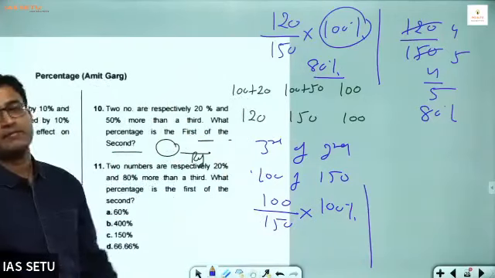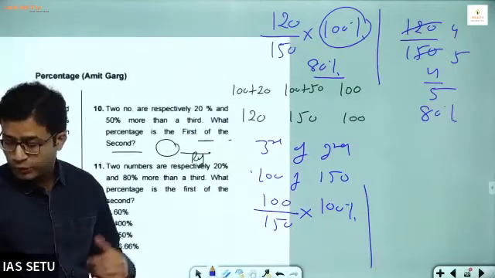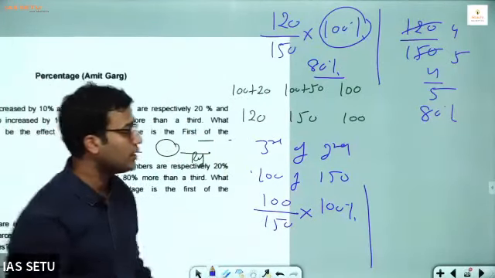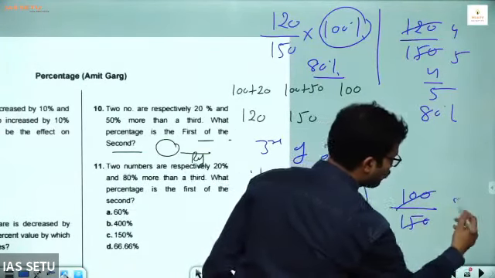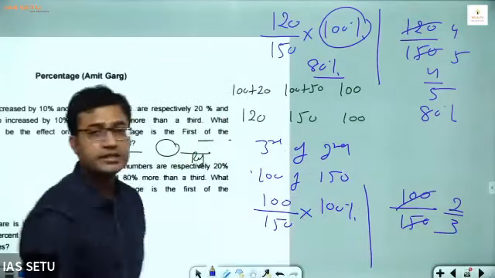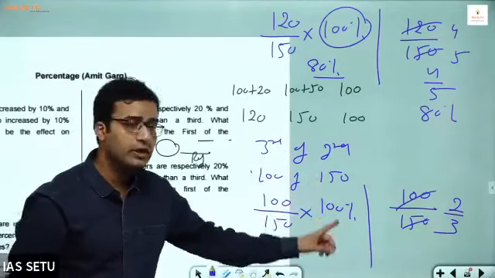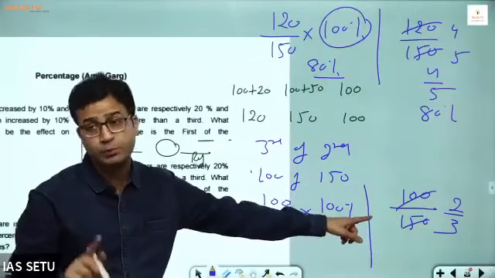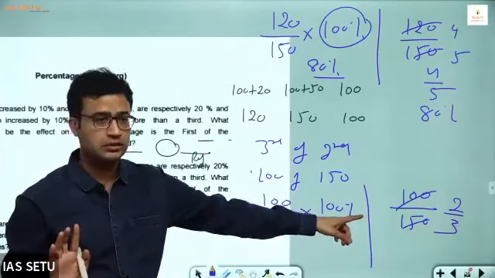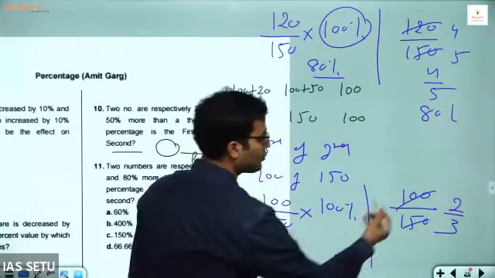It will take time. But if you use this fraction table, 100 out of 150 means 100 upon 150, it is 2 by 3. So 100 is 2/3 of 150; 1/3 is 33.33%, 2/3 is 66.66%. You use this provided that you know the fraction table. तभी करना.